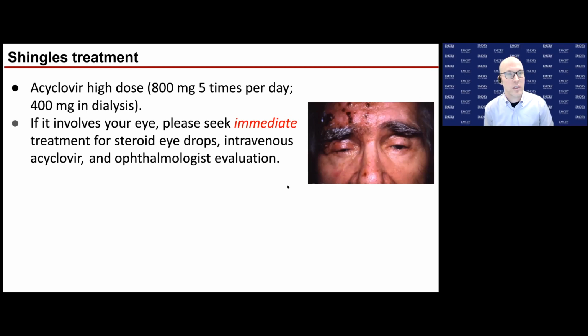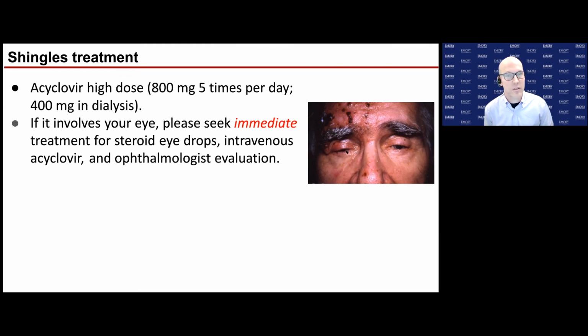Shingles treatment, usually we give higher dose acyclovir. Again, it's a little cheaper than the Valtrex, but you do have to do it 5 times a day. If that's too much, then you can do valacyclovir, Valtrex, 3 times a day at 1 gram. Special note is that just be careful if you note this rash in and around your eyes and ears.